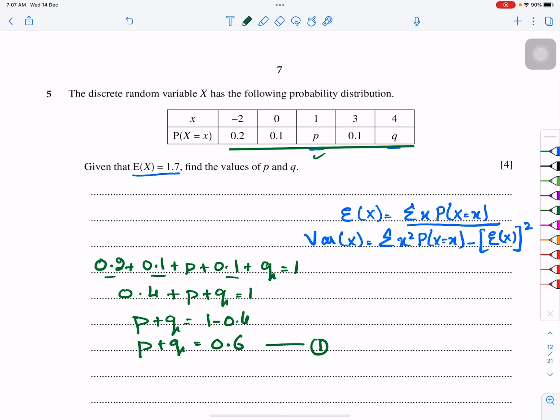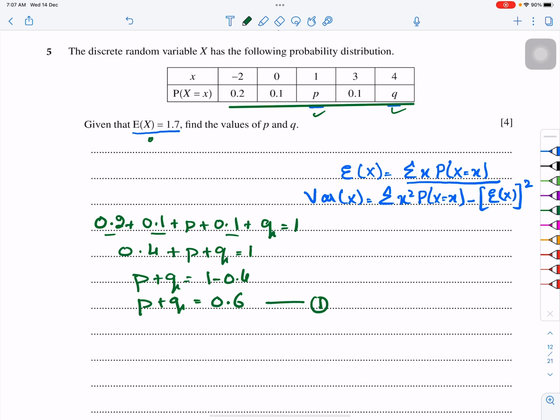Because there are two unknowns, I will definitely get two equations. Now the second equation I will get with the help of this hint. Okay, so mean of x equals 0.7. And how will we calculate the mean of x? With the help of this formula which I have given you here, right?